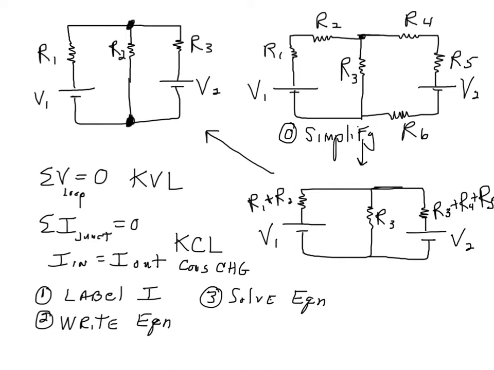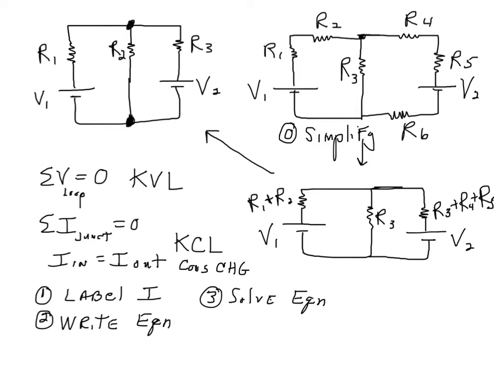And when we do that, we can see that this branch of the circuit has two resistors that are in simple series, so they combine to a single resistor. This branch of the circuit has only one resistor, so that stays the way it is. And this branch, which has the same current all the way from here to there, these three resistors are all in series in this part of the circuit.